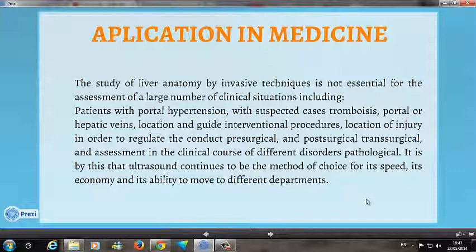Location and guidance of interventional procedures, location of injury in order to regulate the conduct of surgical and post-surgical management, and assessment in the clinical course of different pathological disorders. It is for this reason that ultrasound continues to be the method of choice for its speed, its economy, and its ability to move to different departments.